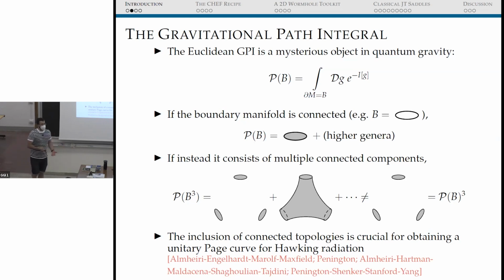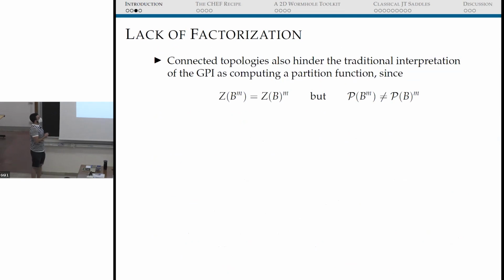But what makes them even more interesting is that they also give rise to certain puzzles. And these puzzles are, for example, the factorization problem. The inclusion of connected topologies means that it no longer is so easy to make sense of the Euclidean path integral as a partition function.